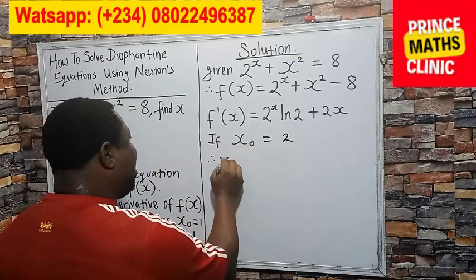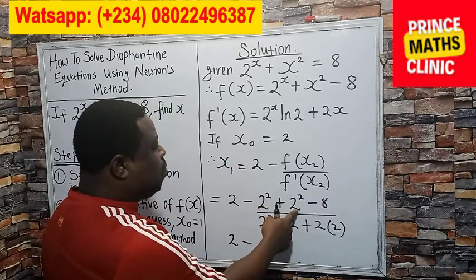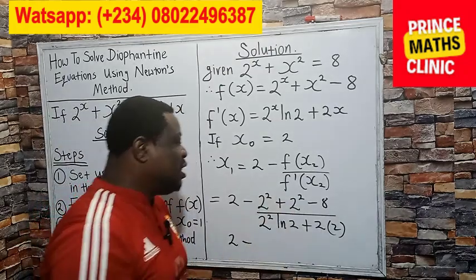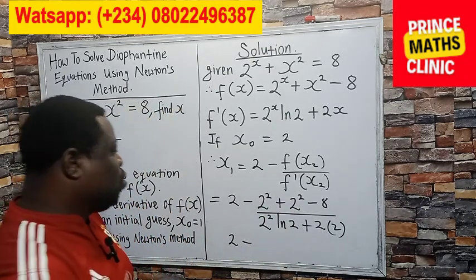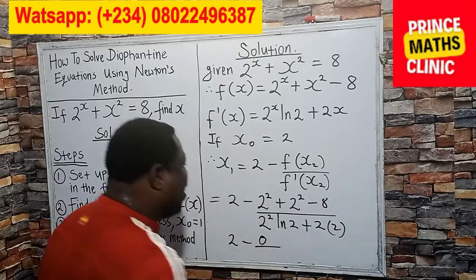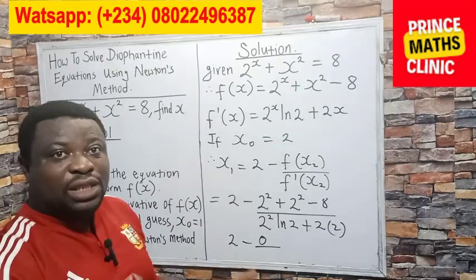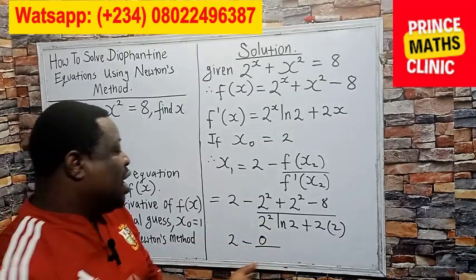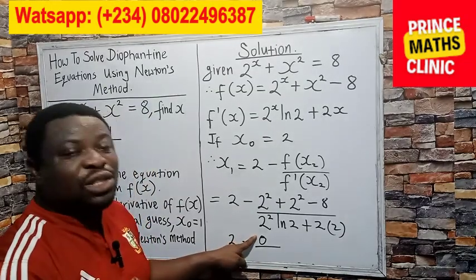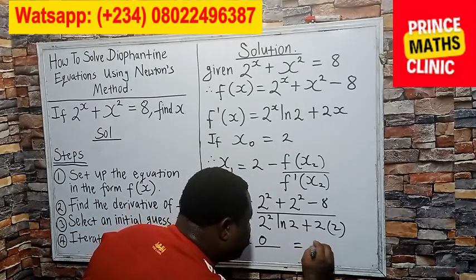So that means that my x1 will now become 2 squared is 4, plus another 2 squared, that's 4. 4 plus 4 is 8. 8 minus 8 is 0. Good. So everything here renders to 0 over, so whatever you get here, we know that our ln 2 is 0.6 something multiplied by 4. Everything here, no matter what it's going to give us, because there's 0 at the numerator, renders to 0. So 2 minus 0 is equals to 2.